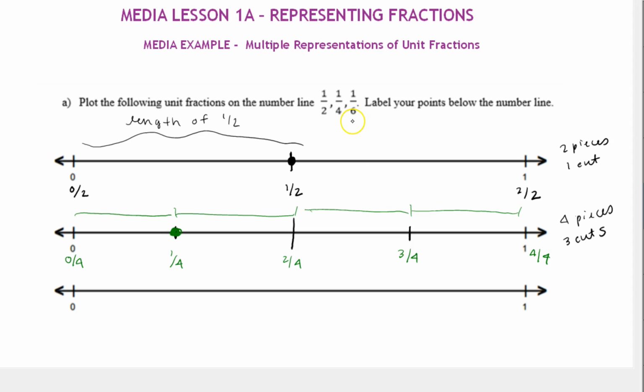Okay, let's look at the next one. We're going to plot the number 1/6. So we need 6 equal pieces, which is going to be 5 cuts. Again, I'm going to use 1/2 to help me. Maybe you could think of how long 1/6 would be, I don't know, maybe it's there.